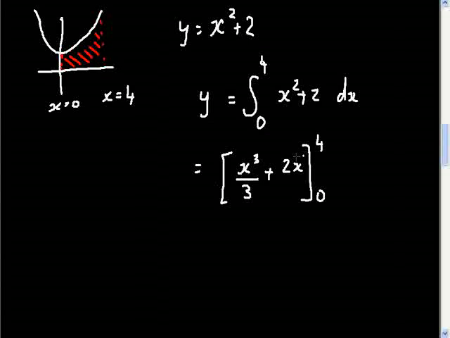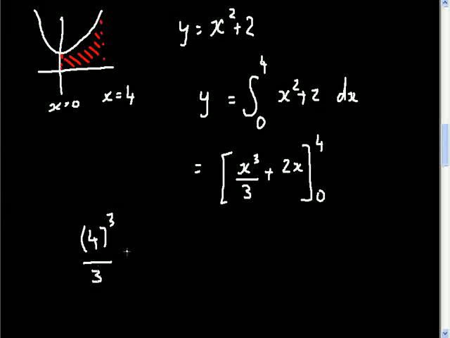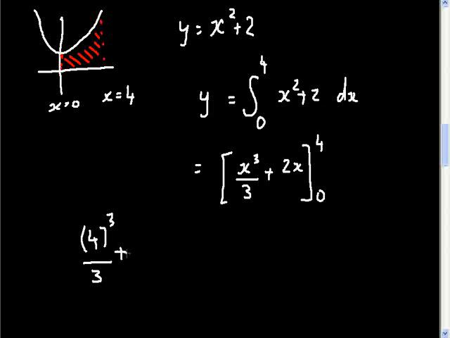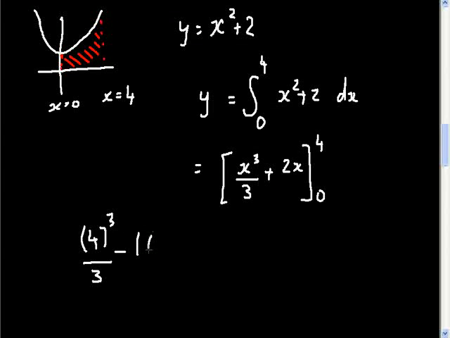I'm going to substitute 4 for the first term, so that's 4 to the power of 3 divided by 3, minus, sorry, not plus, beg your pardon, it's a minus sign, and I'm going to substitute 0 instead of x as well for the first term, for the x cubed term.